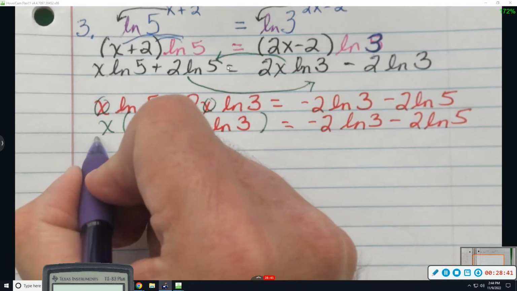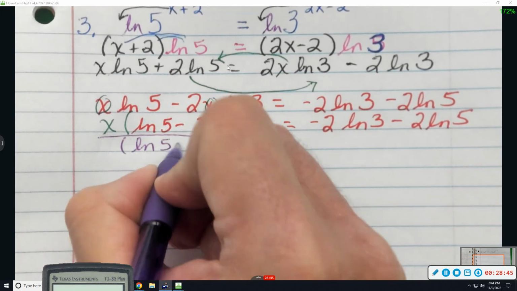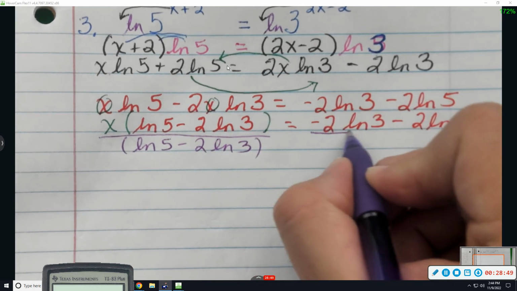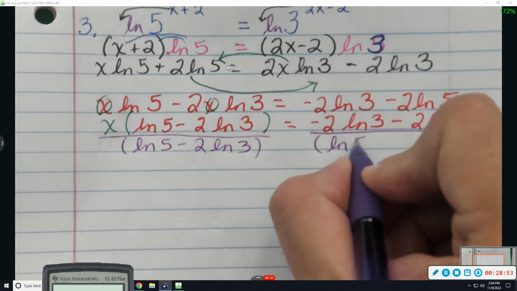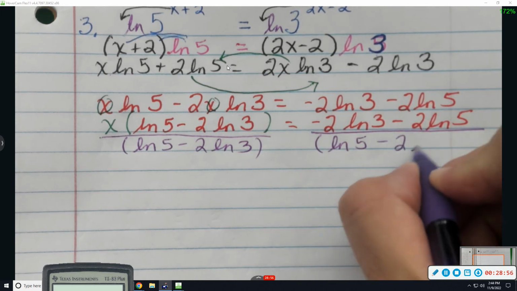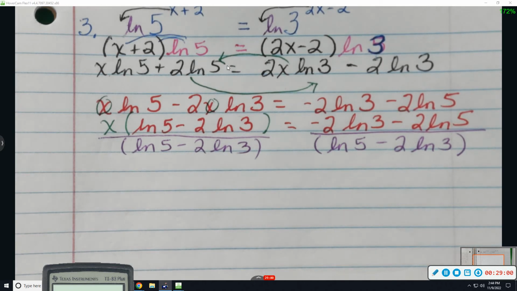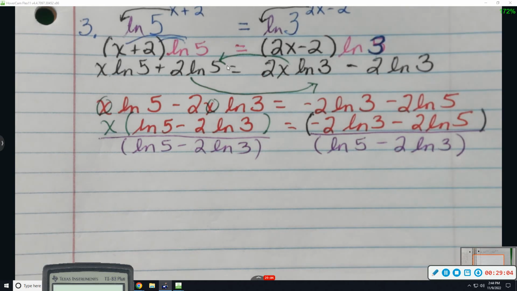So divide by ln 5 minus 2 ln 3. Got to have the parentheses around the top and the bottom.